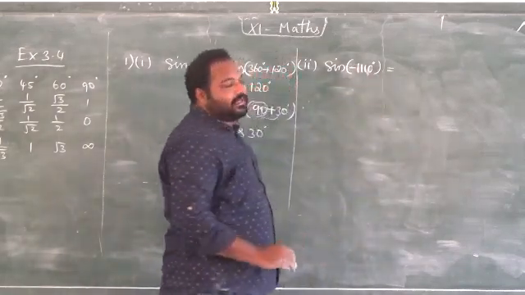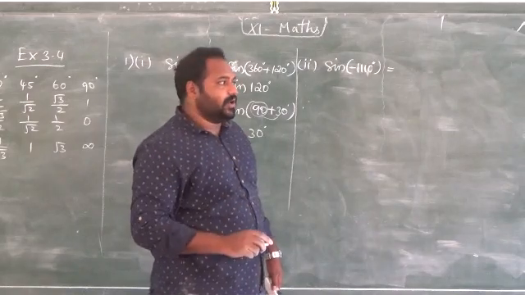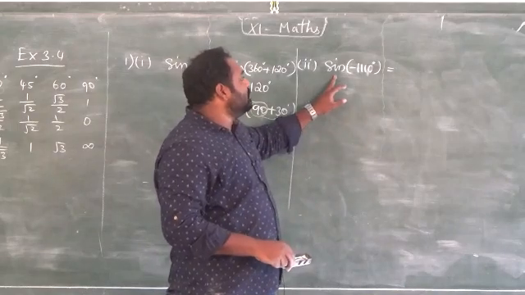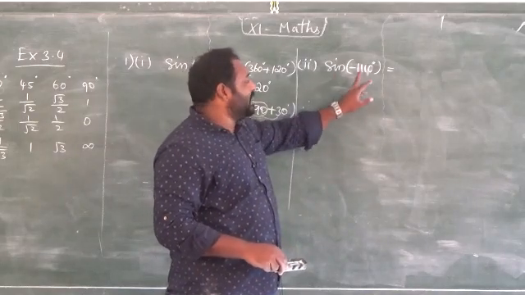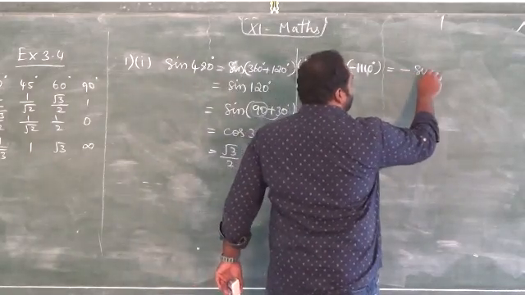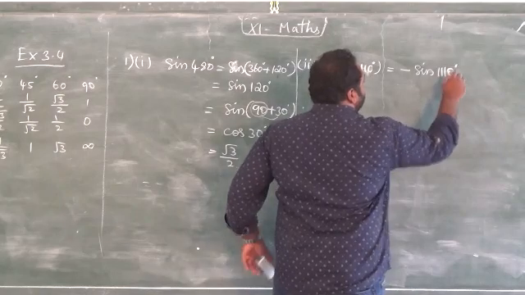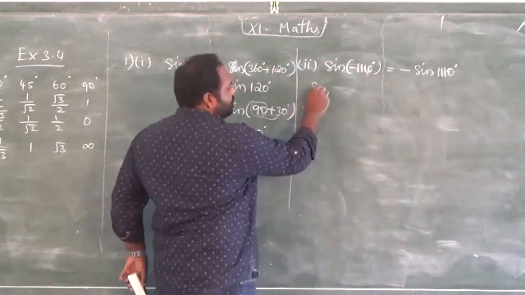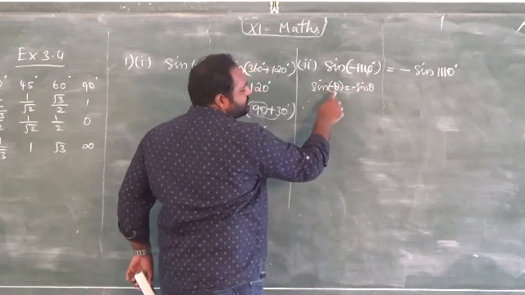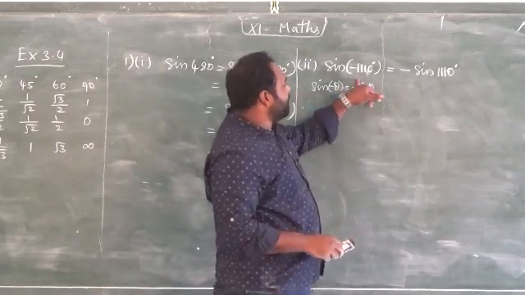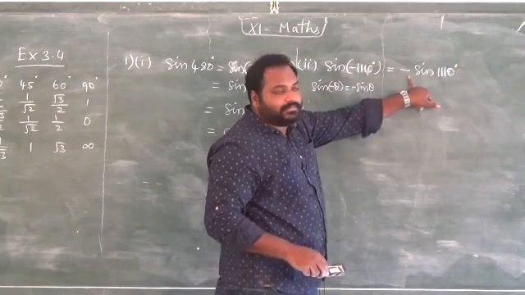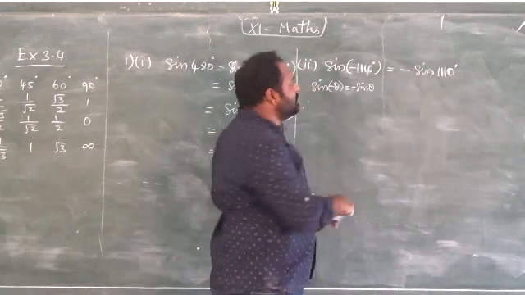Of the 4 functions, I told you 2 are odd functions and 2 are even functions. Sine is an odd function, so sine of negative theta, the whole function will be negative. Sine of minus theta is minus sine theta. So sin minus 1110 degree becomes minus sine of 1110 degree.